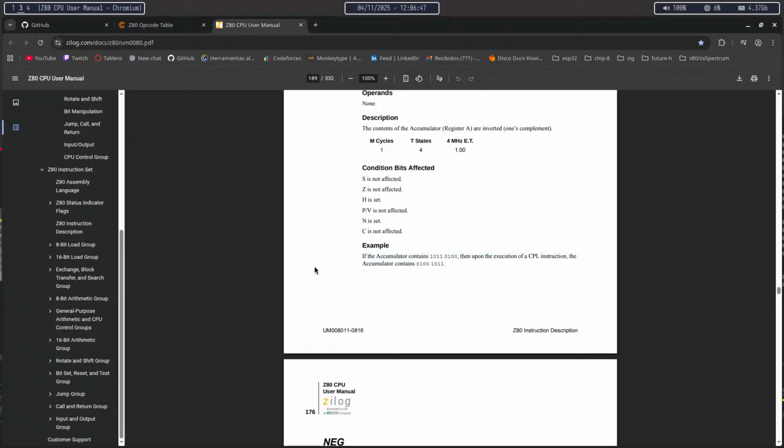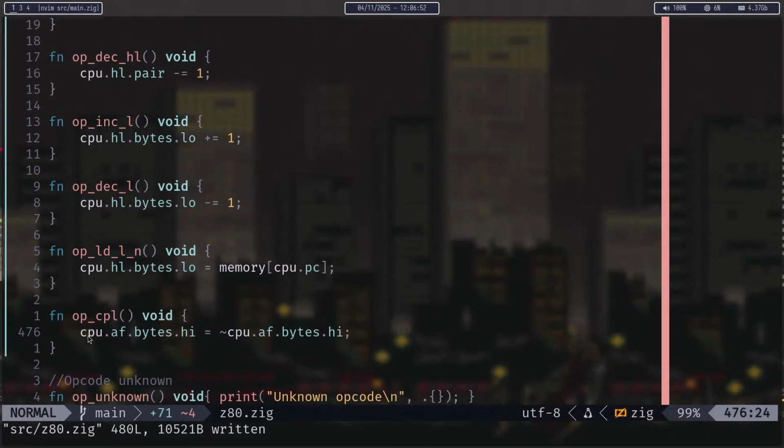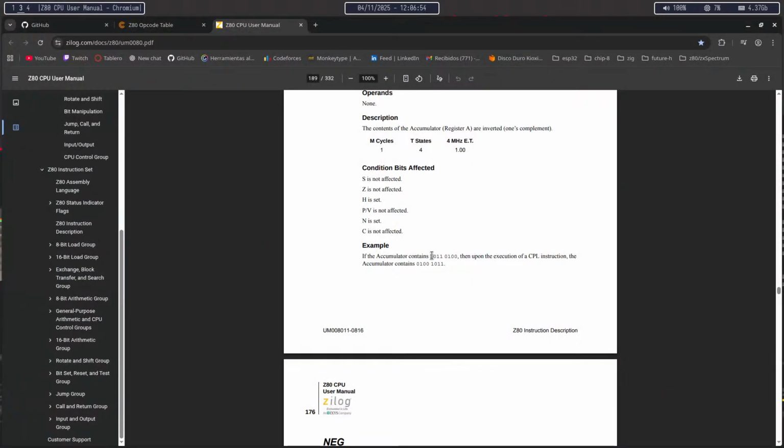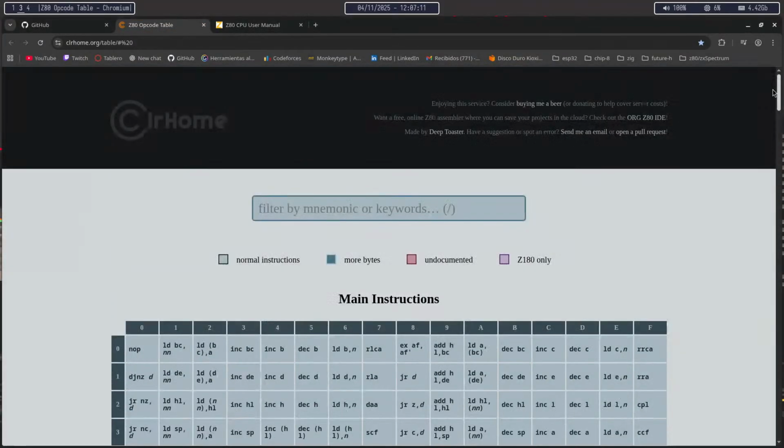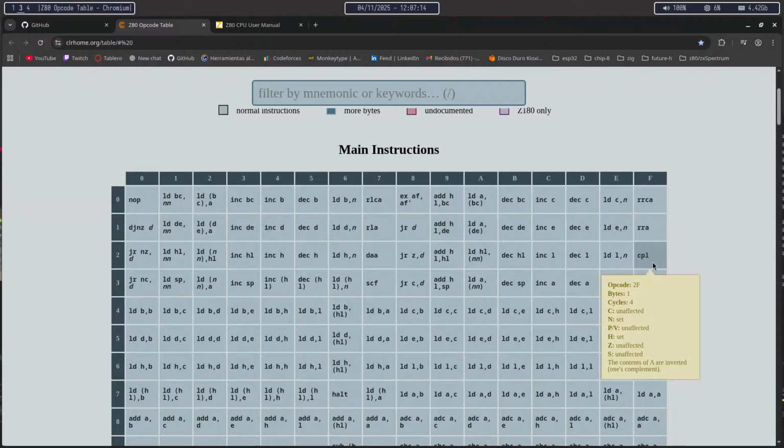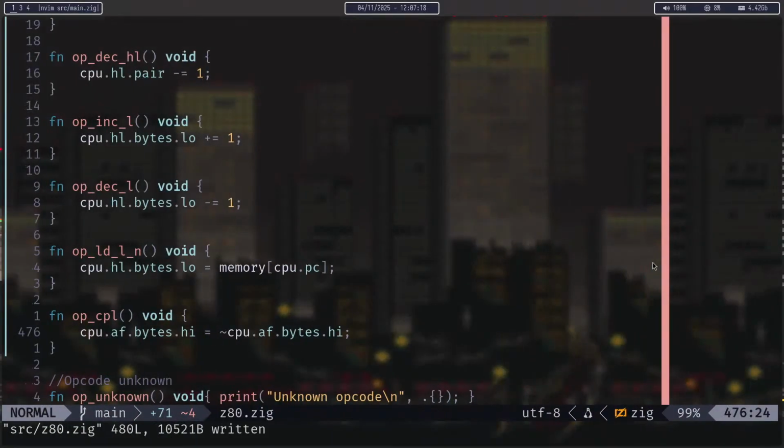I mean, that would kind of make sense, because if the accumulator contains 101, then it would be not, so that should be it, right? C is not affected, N is set, H is set. Yeah, N set, and then H is set as well. Alright. So I have to set those up.